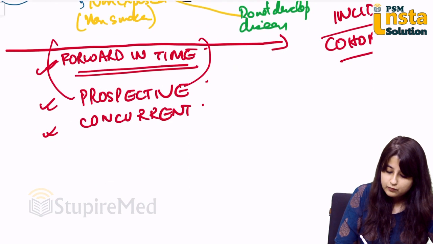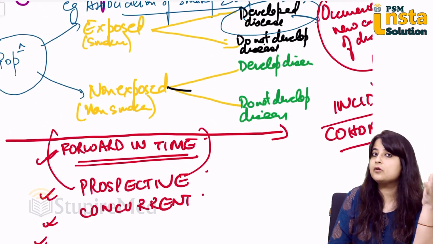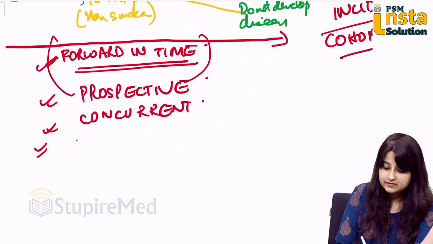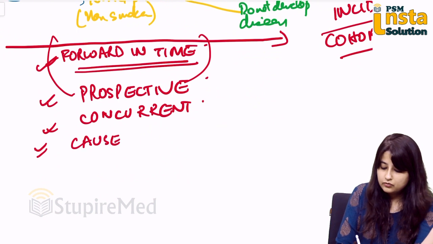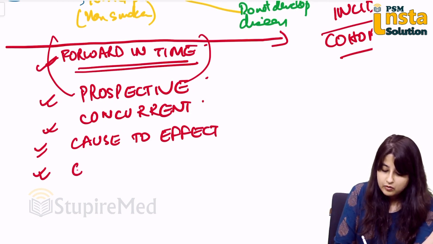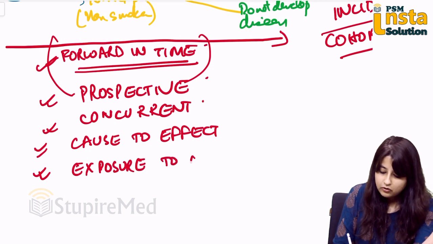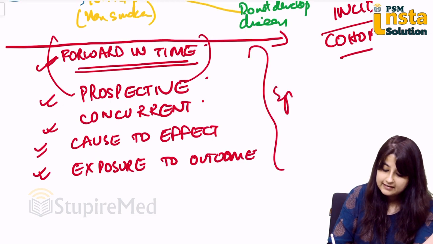There is one more thing: you are going from cause to effect, from smoking to lung cancer. Also, you are going from exposure to outcome. So all these things are the synonyms for cohort study design.